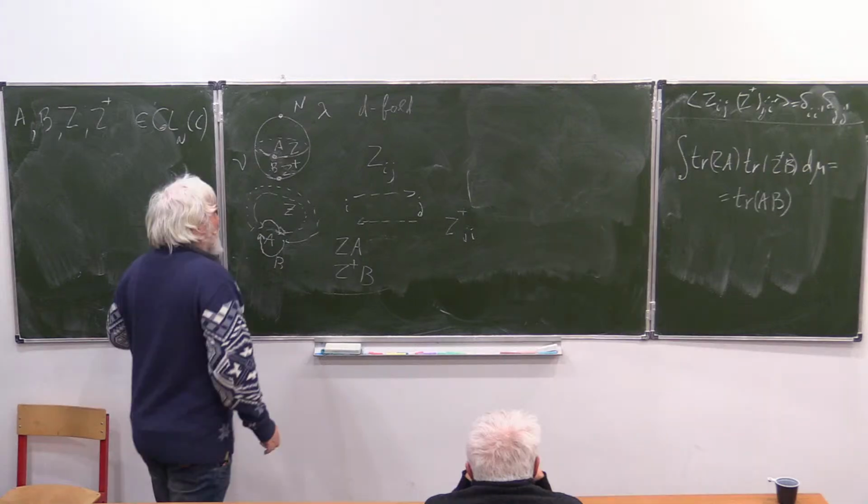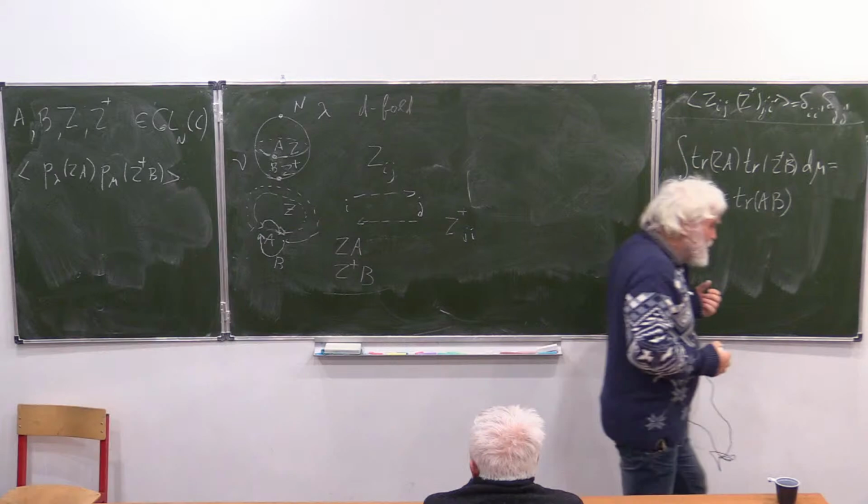Now let us calculate this average between p lambda of z A and p mu of z dag B. For Gauss integrals, the so-called Wick theorem is known.